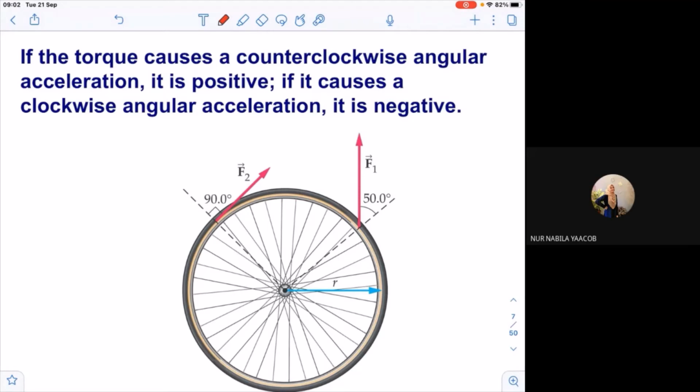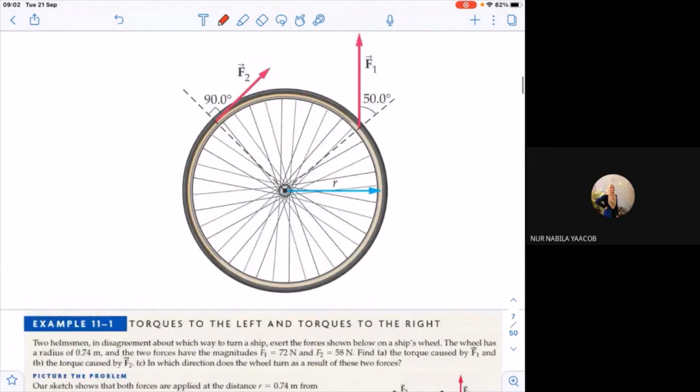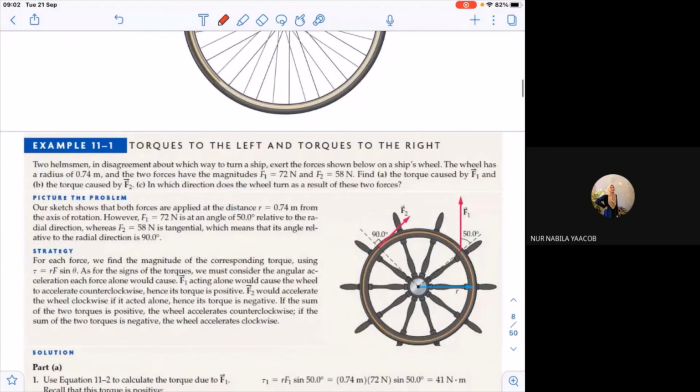Same as when we discussed acceleration, try to imagine these things and then we look at the situations.